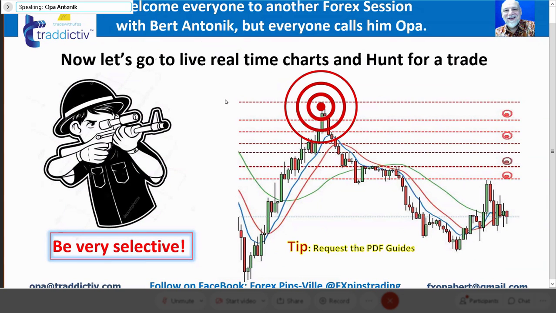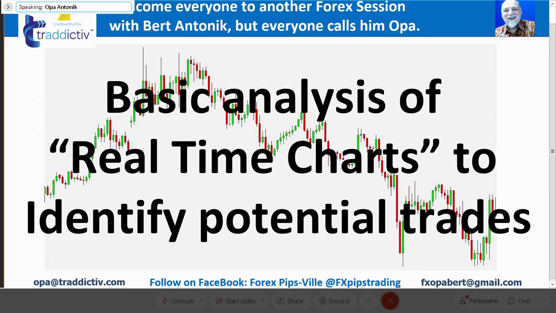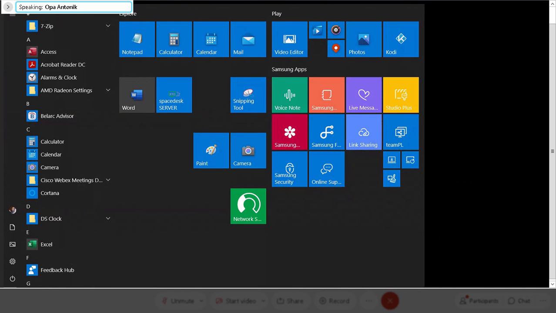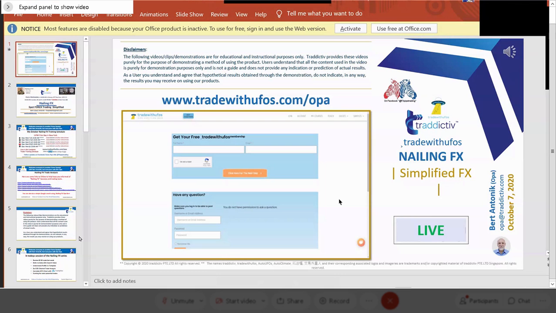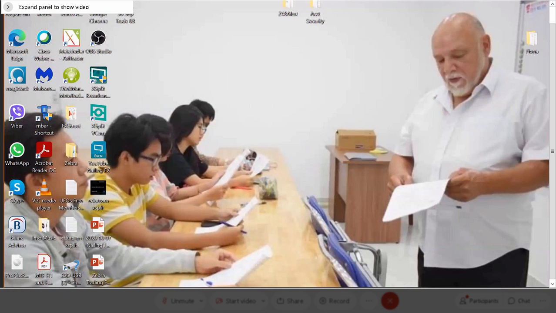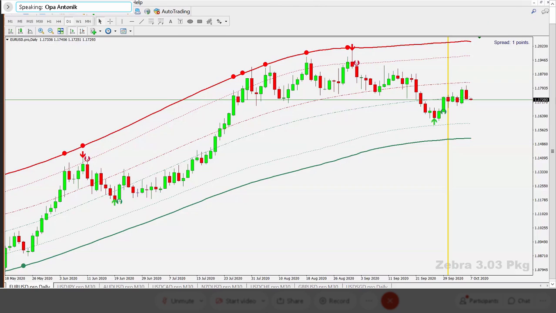Let's see, we'll now go ahead and go into some live charts and see what we can do to do some hunting. And let's first find out what happened with the trade that we put on last week. All right, so what you see here is last week. Here's the entry last week.